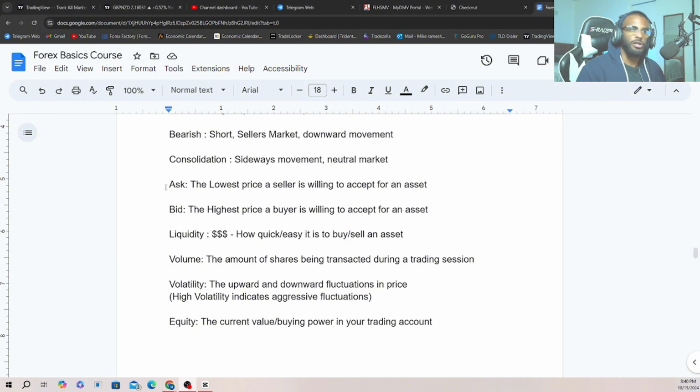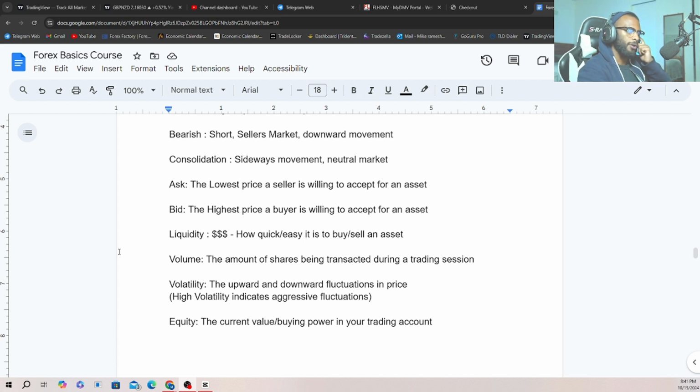Ideally, when you trade, guys, you want to trade in a market that has high volume, because that means liquidity is being pumped into the market at a high rate, which will send the market you're trading either bullish or bearish. And when there's not enough volume in the market, price consolidates. I tried to put these in order for you to understand them. Hopefully I did an okay job.